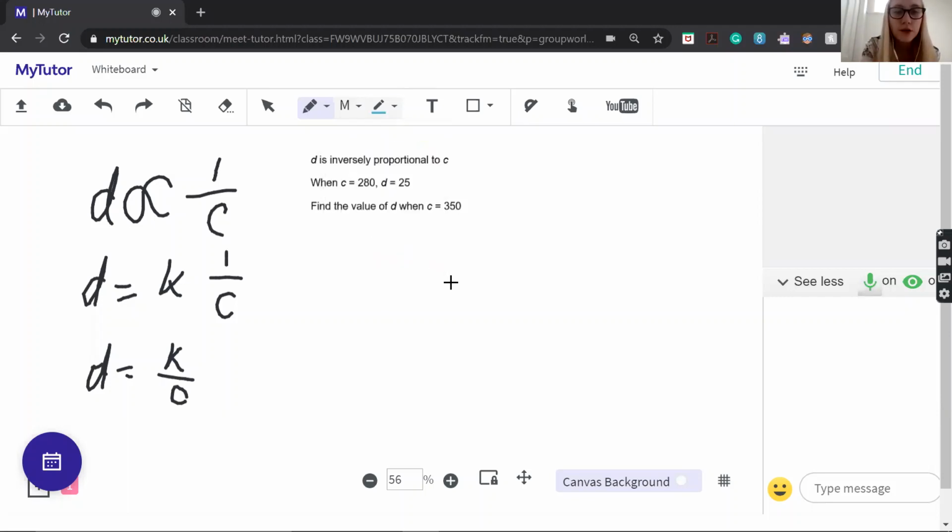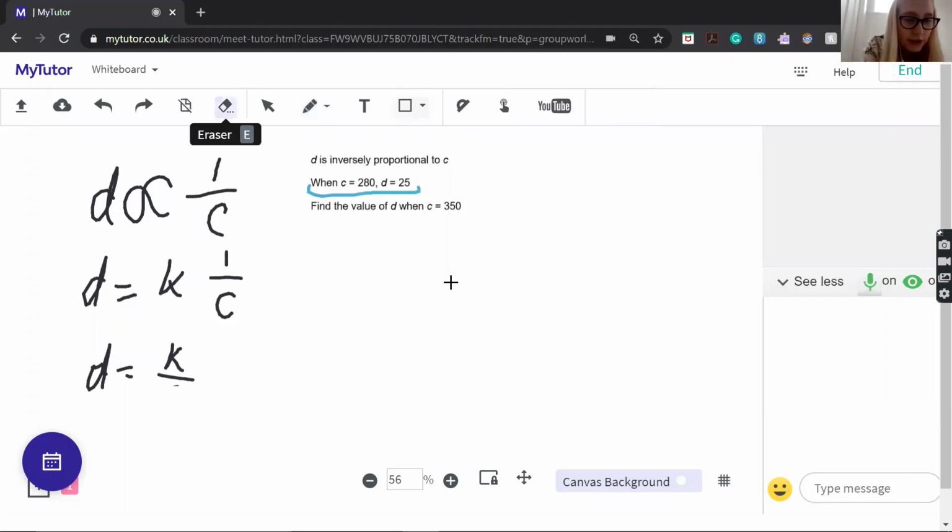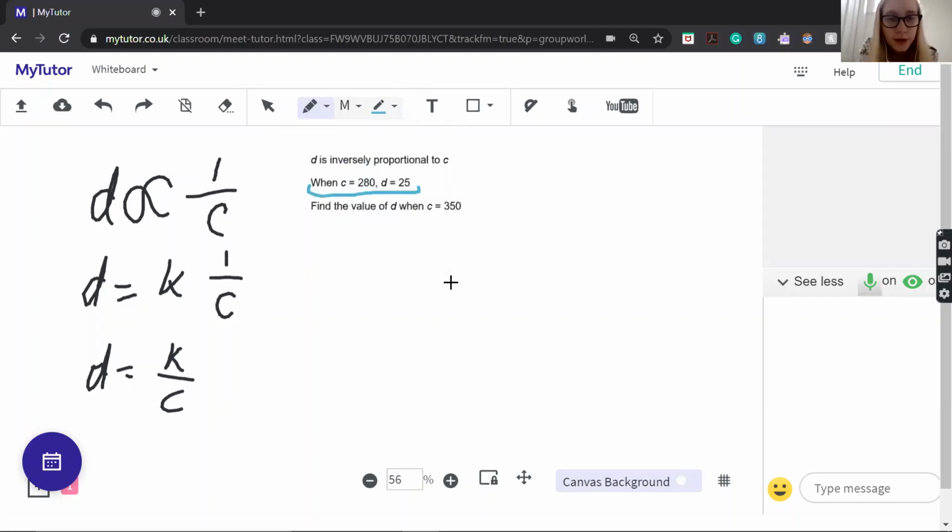And now we're going to do the same thing. This second bit here is just telling us, here's what you need to find k. That's all that's doing. So now, sorry, this looks a lot like a 0. I'm just going to change this. So now we're just going to use these values. So when C equals 280, D equals 25.